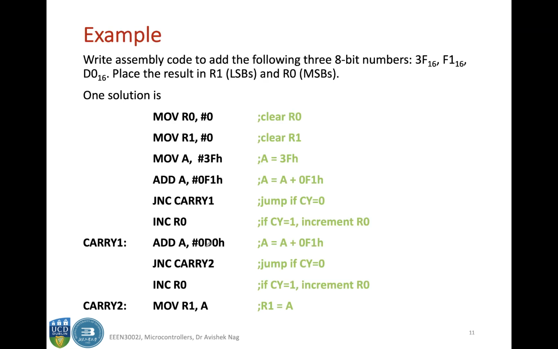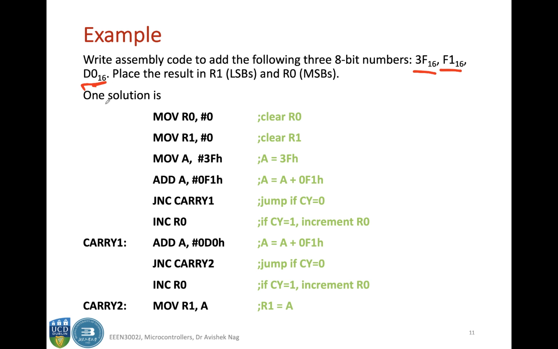So let's say now we extend this concept to the addition of 3 numbers. You will have the same concept. So first you add these 2 numbers, and then you keep track of the carry, and then you add the next number, and then you keep track of the carry again.